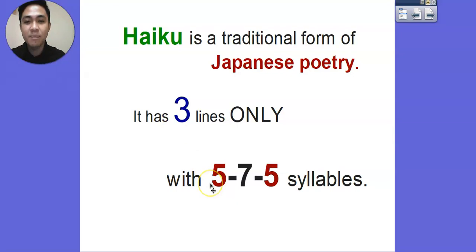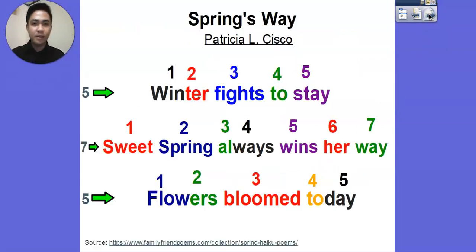That's why we say 5-7-5 syllables. Alright? Remember, a haiku has only 3 lines with 5-7-5 syllables. Okay? Now, let's see.